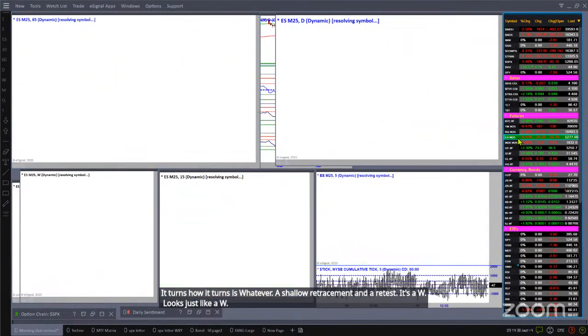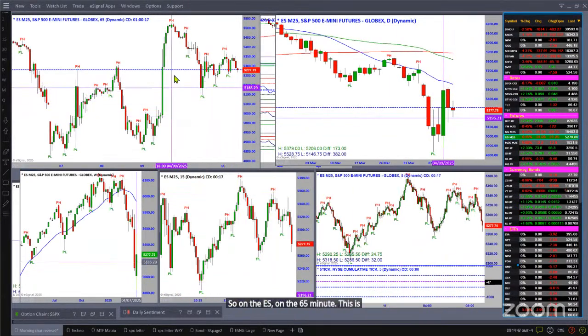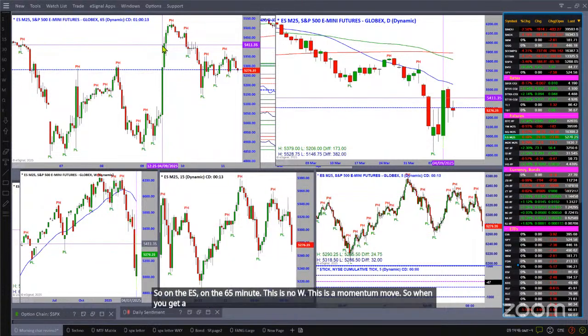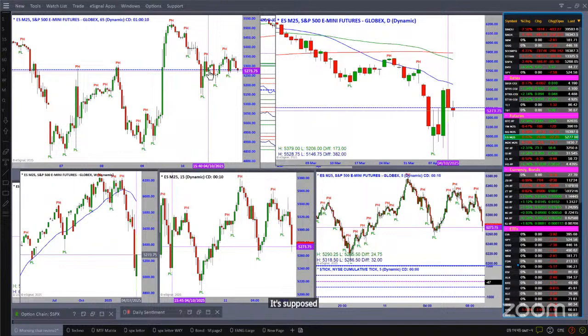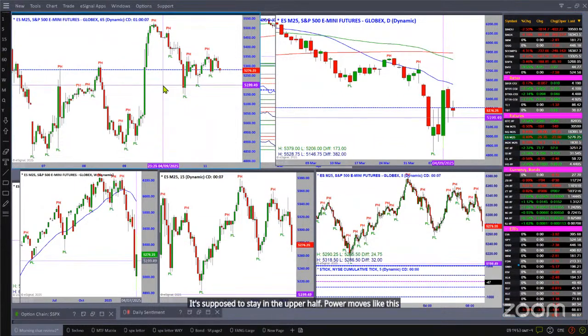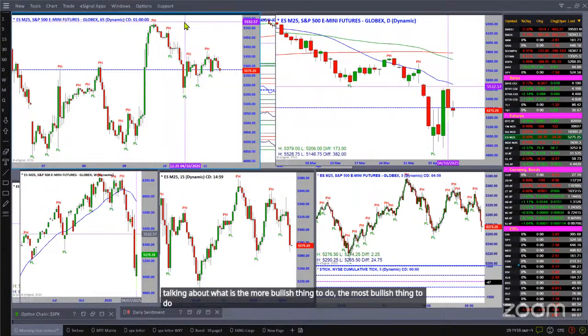So on the ES, on the 65-minute, this is no W. This is a momentum move. When you get a power move, it's supposed to stay in the upper half, right? If you're talking about what is the more bullish thing to do, the most bullish thing to do is just keep ripping higher, right?